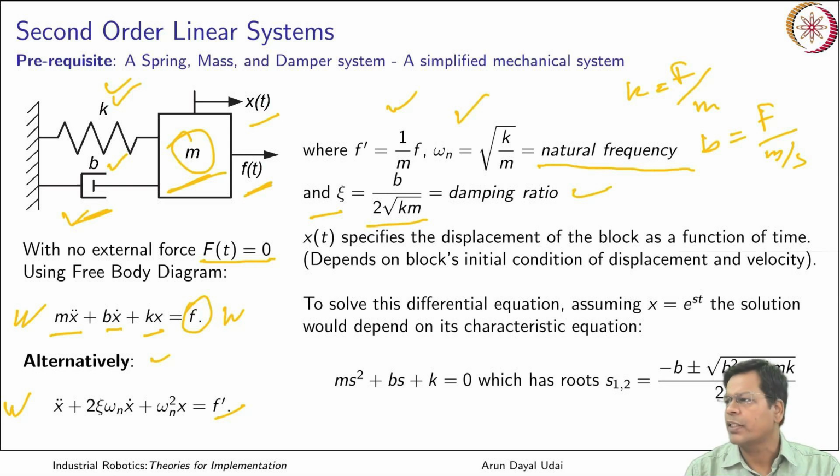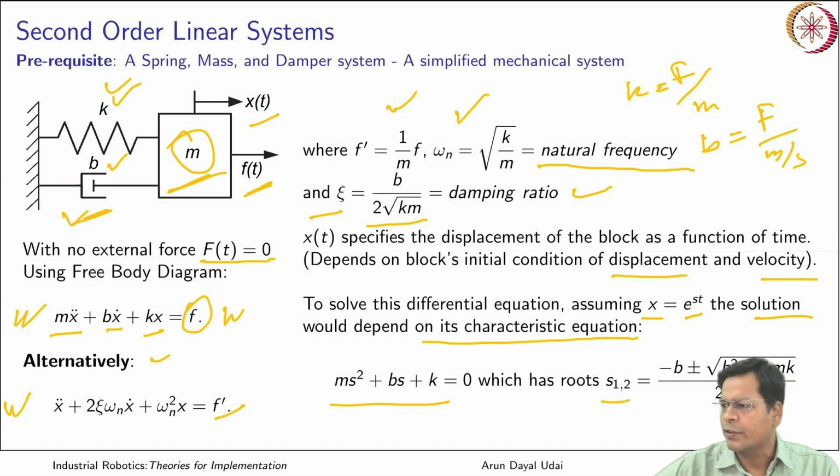x(t) specifies the displacement of the block as a function of time. That depends on the block's initial conditions also, that is displacement and velocity. To solve this differential equation, we assumed in the last class x is equal to e to the power st, and the solution depends on its characteristic equation, given by m s square plus b s plus k, which has roots s1 and s2. So s1,2 is minus b plus minus root over the discriminant, b square minus 4mk, divided by 2m.